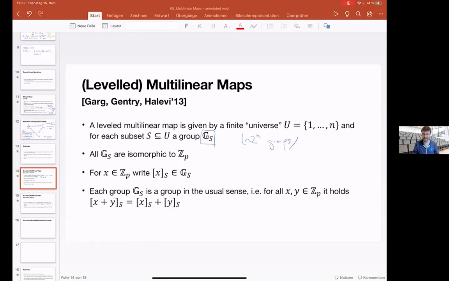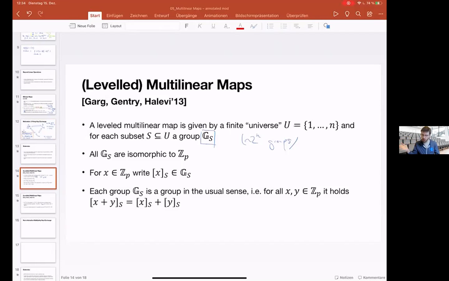In the multilinear setting, I have a whole family of groups. So I first fix a universe U, let's just say the numbers from 1 to n. Then for each subset S in this universe, I'm going to have a group G_S. Every single one of these groups is isomorphic to Z_p.